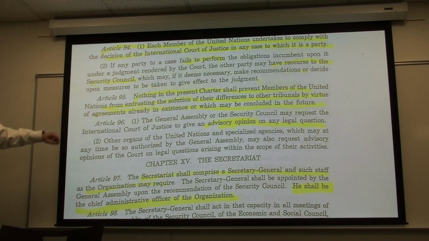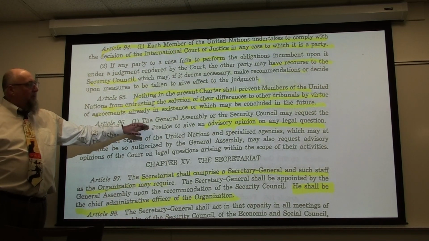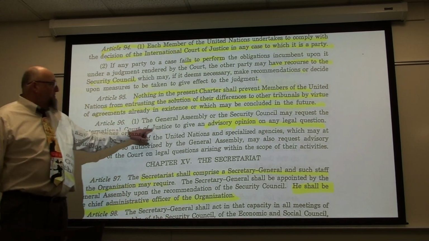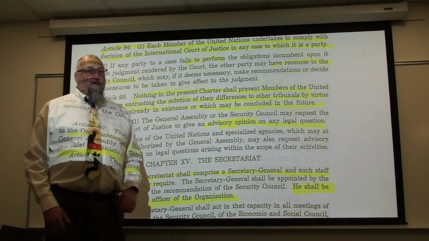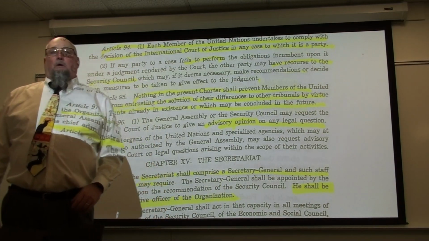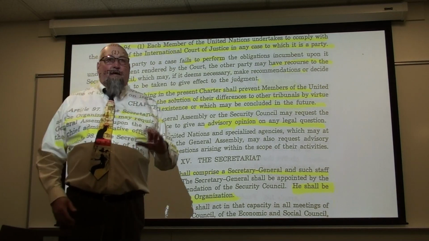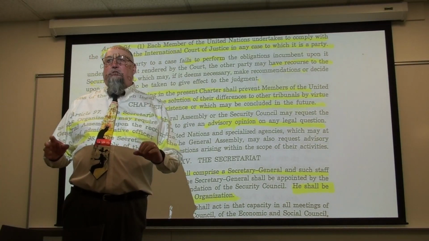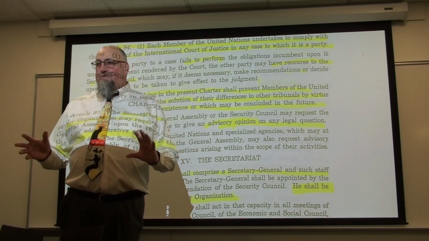All right, Article 96. The General Assembly or the Security Council may request the International Court of Justice to give what's called an advisory opinion on any legal question. I talked about this a little bit last time, just briefly, but basically the International Court of Justice has the ability to handle two different types of cases.